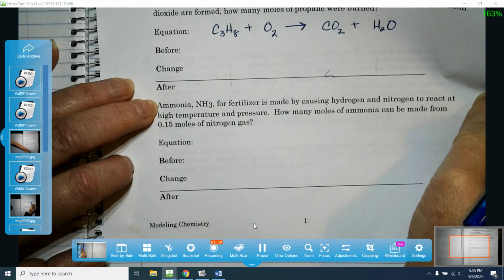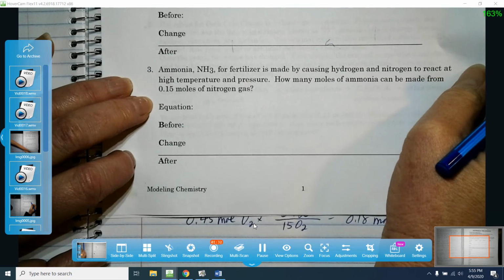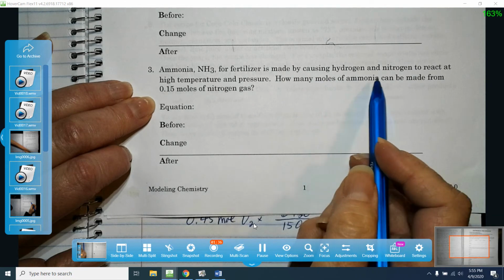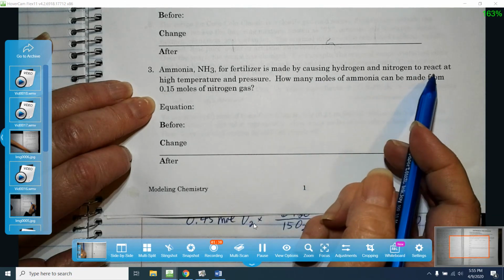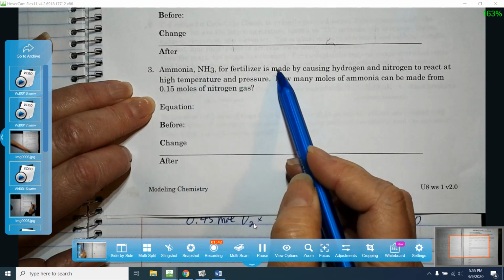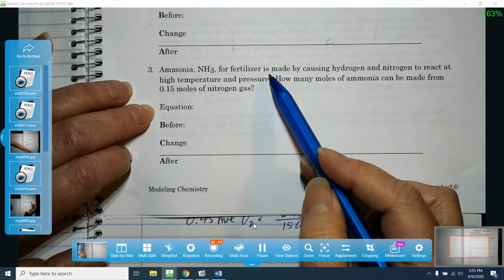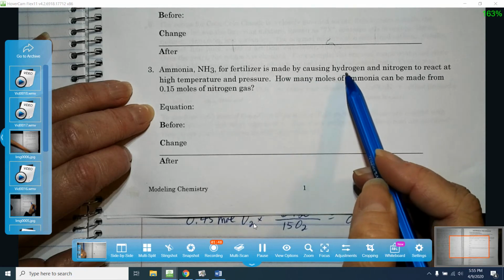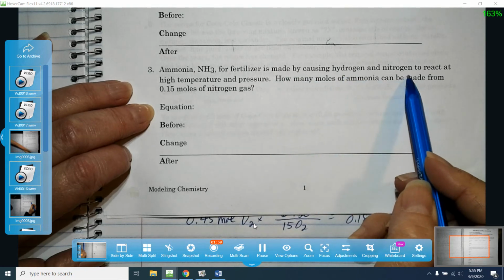Okay, here's number 3. Ammonia is made by causing hydrogen and nitrogen to react. So that means this ammonia is a product. It's being made, right? So that's going to go on the right side of the arrow. On the left side of the arrow are what it's made from, hydrogen and nitrogen.